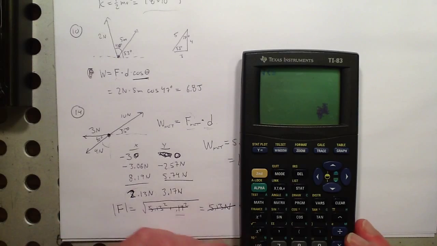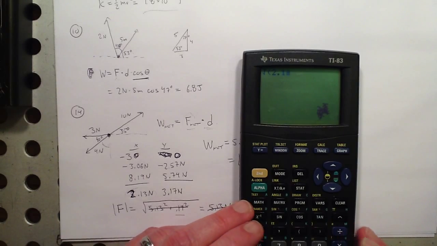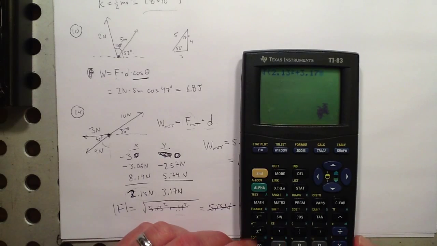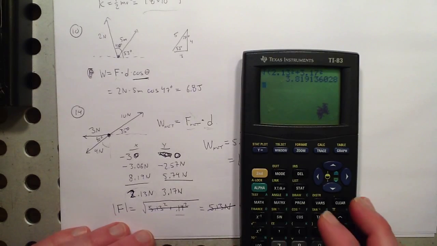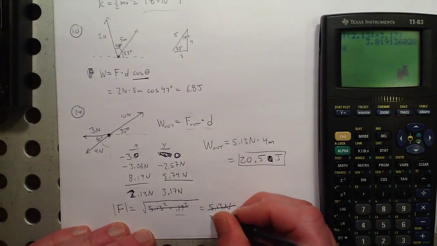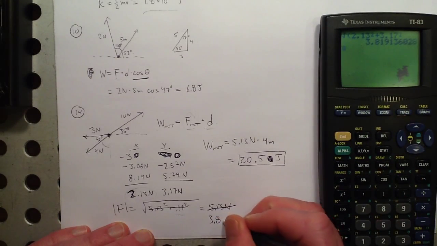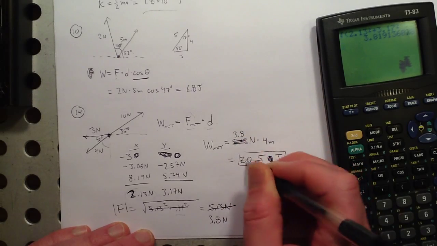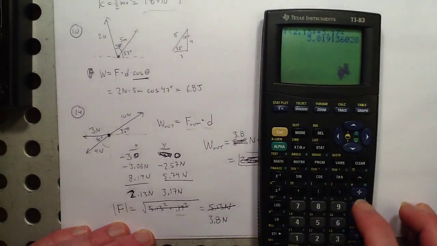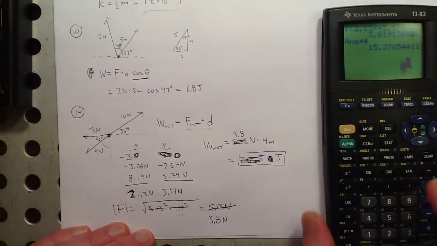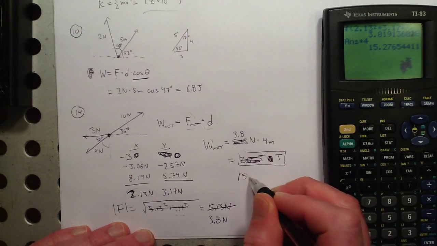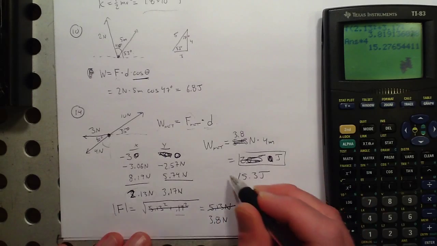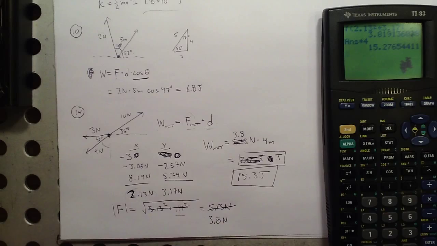I'm wasting your time. 2.13 squared plus 0.17 squared. So that's about 3.8 newtons. So 3.8 times the displacement of 4, that's about 15.3 joules. And that agrees with the book, so sorry about that. Rookie mistake.